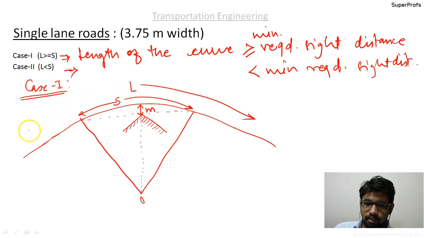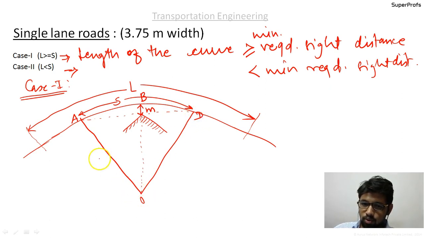Suppose this is the length of the curve. Please draw this diagram. So this is A, this is point B, this point is D, this point is O, and this is R. This is also R, and this is alpha by 2, and this one is also alpha by 2. This is the center line of the road.